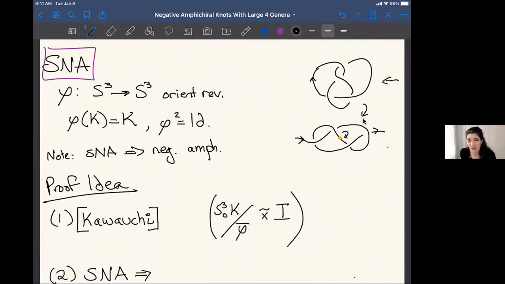Convince yourself that you can extend the involution that we know exists on S3. You can restrict it to the knot exterior, certainly, and then you extend it to the 0 surgery, in such a way that it is still an involution. Now take the quotient. Great, so you have this strange non-orientable 3-manifold.